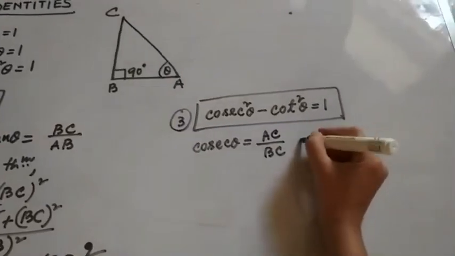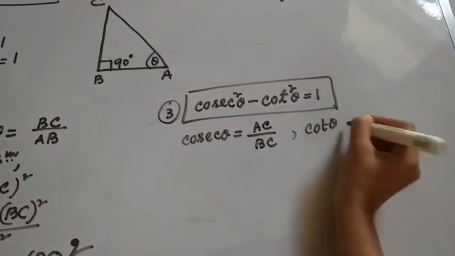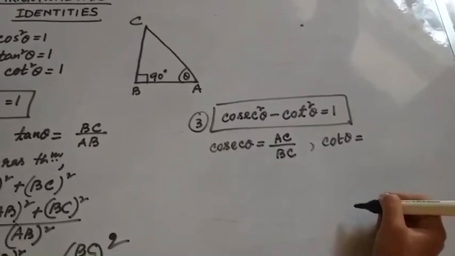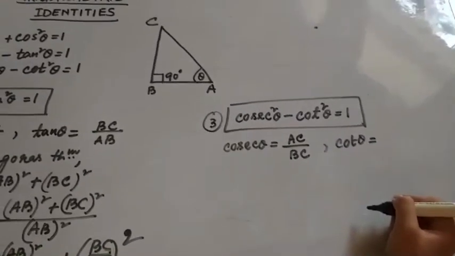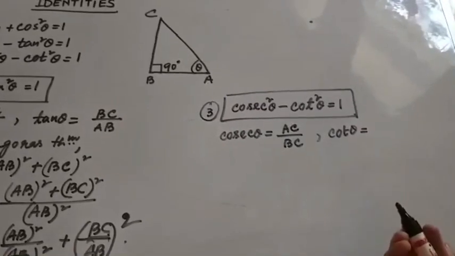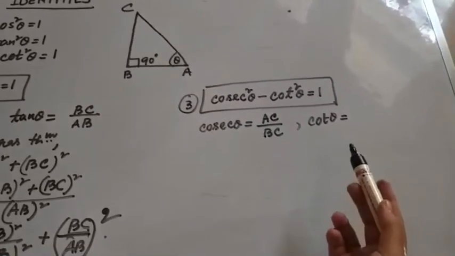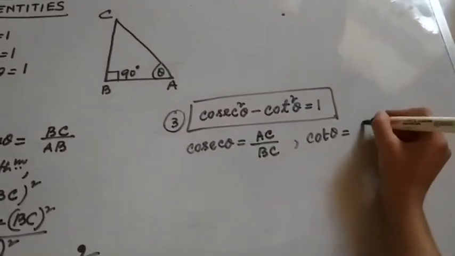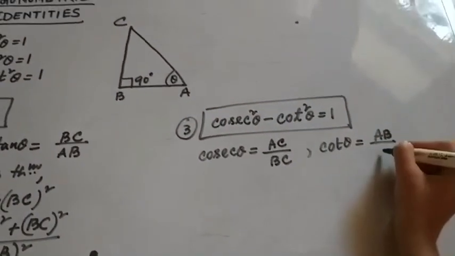And cot theta equals the reciprocal of tan theta. The formula of tan theta is perpendicular by base, so the formula of cot theta will be base by perpendicular, that means AB by BC.